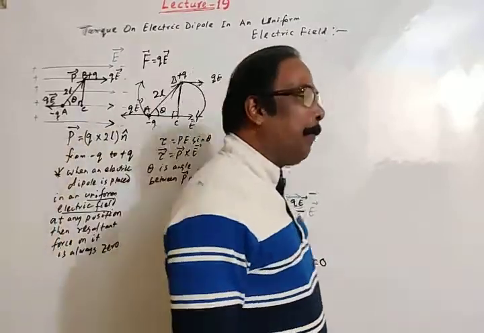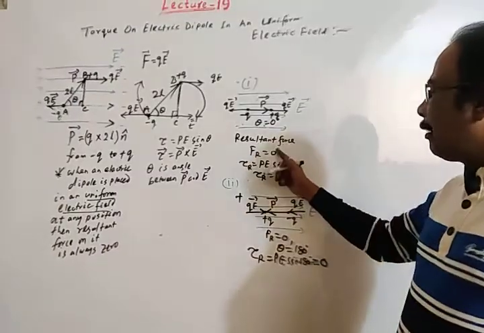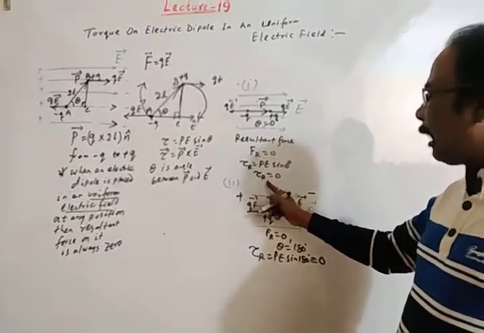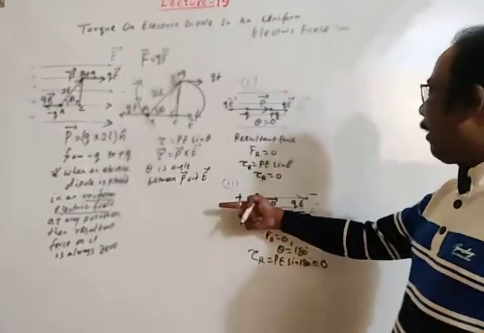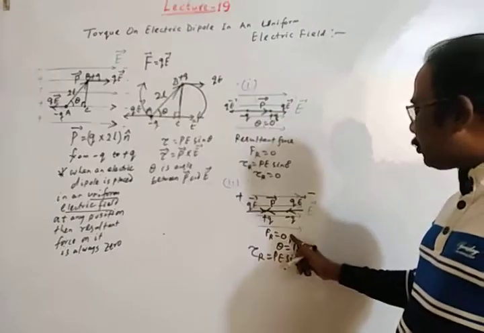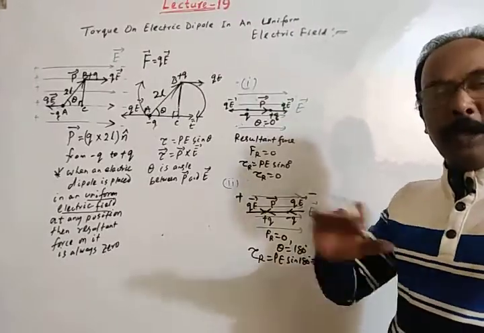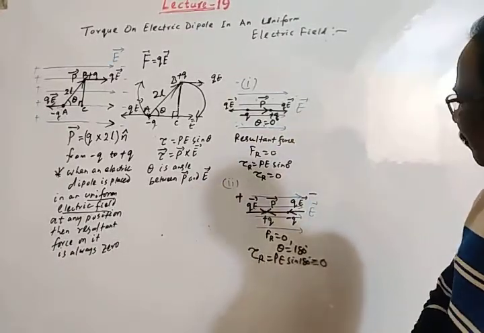So if a dipole is placed parallel to the direction of the electric field, the resultant force is 0 and the resultant torque is 0. If the dipole is placed anti-parallel to the direction of the electric field, the resultant force is 0 and the resultant torque is also 0. Then the third example.